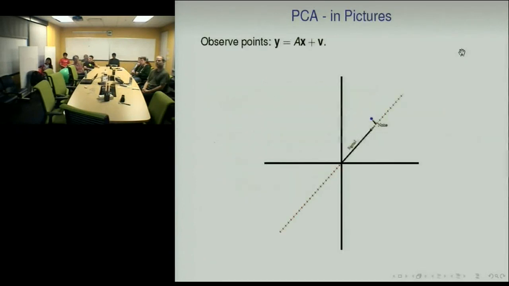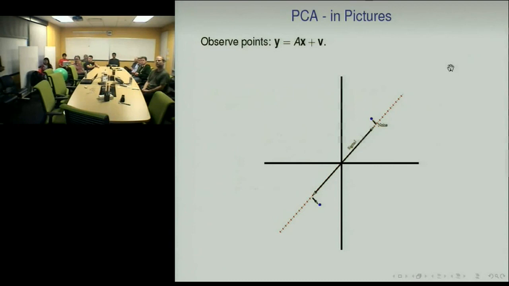This is just a picture to fix ideas. Here we have a signal, which is this line here, and we have some noise, and we assume that y equals Ax plus v. A is a matrix, our signal; x is the data that we multiply by A, and we add some noise, and you can assume whatever you like about the noise for now.